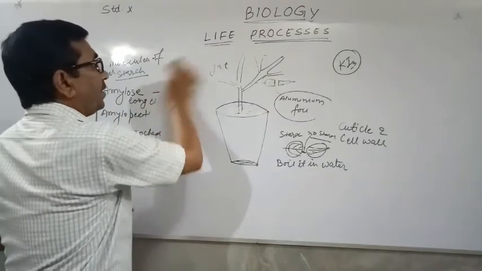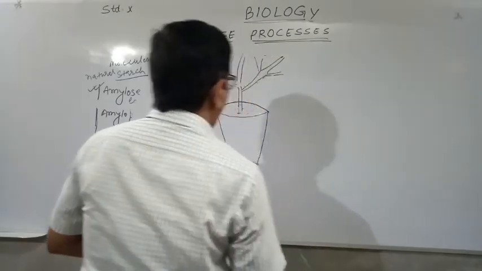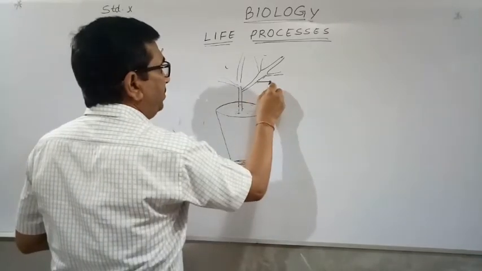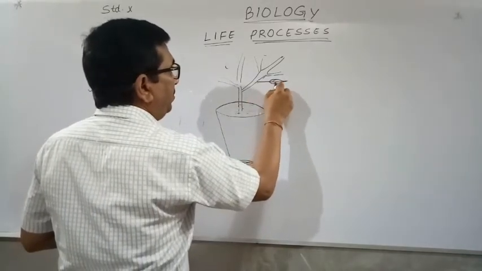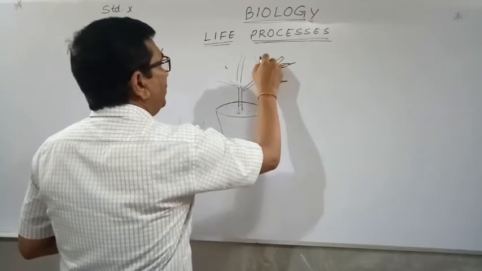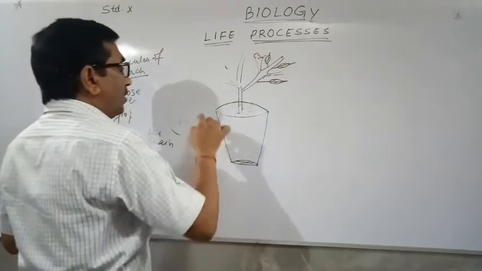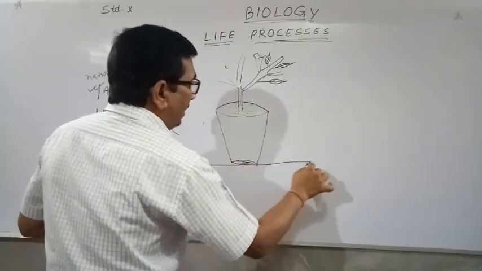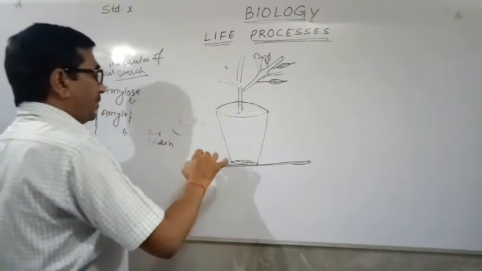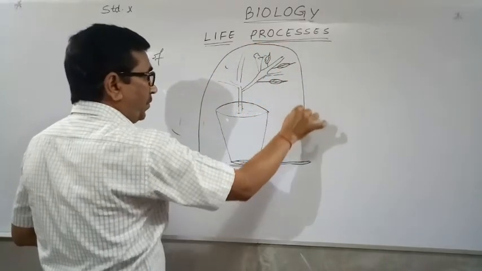Both plants have many leaves. We keep them on a glass slab and cover them with a watch glass.